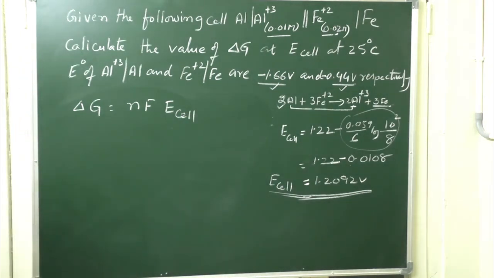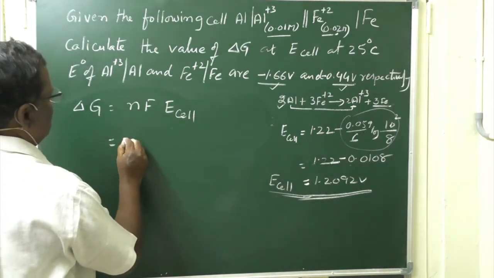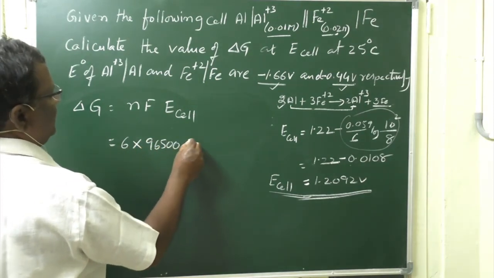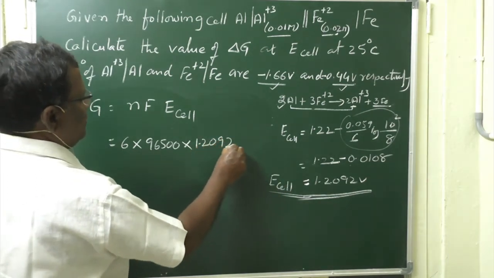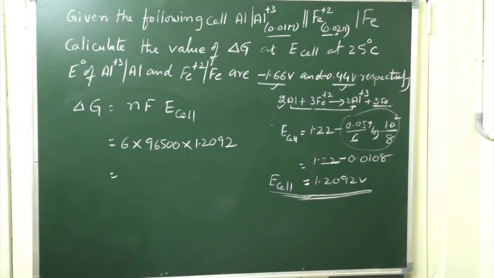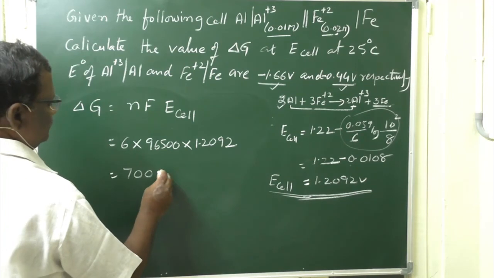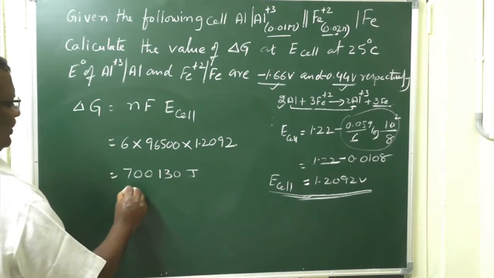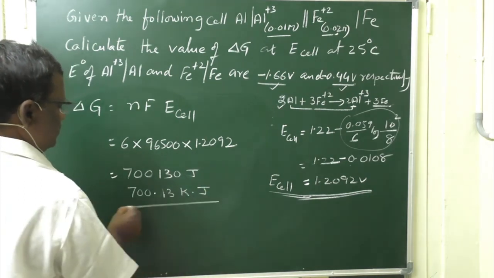So here the number of electrons involved is 6, as already calculated, 6 into F, which is 96,500, and E cell, which we just calculated, is 1.2092. On simplifying we will get 700,130 joules, or 700.13 kilojoules.